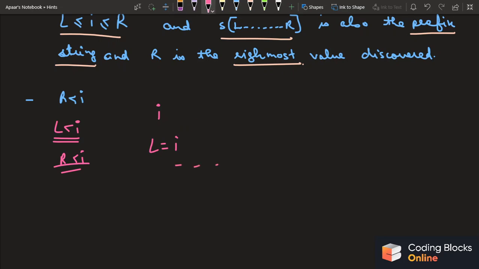So for an index I plus 1 and further indexes, L is less than I. I hope you got me over here, because that's the next step of the algorithm.